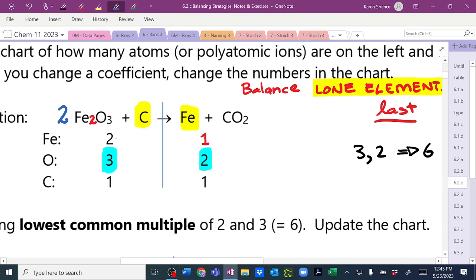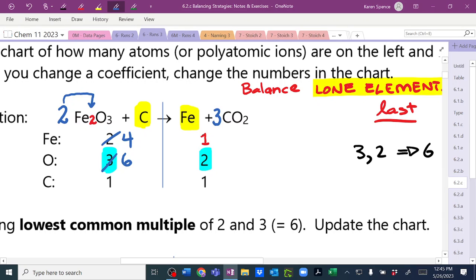And let's make sure we change all our numbers down below. That gave us 6 oxygen, but it also changed the number of iron. How many iron do we have now? We now have 4 iron. All right, and we need to have 6 oxygen on the right. So that means we need a 3.